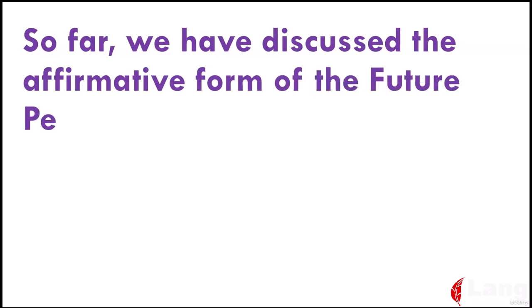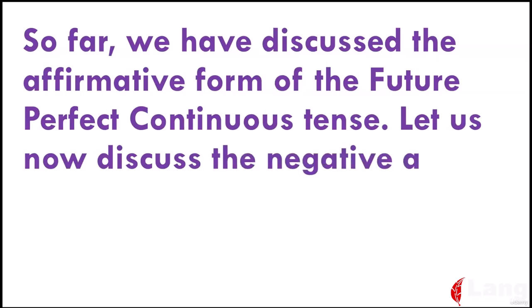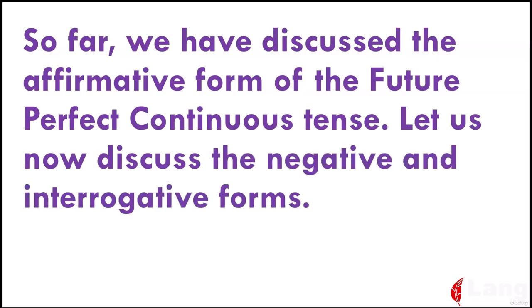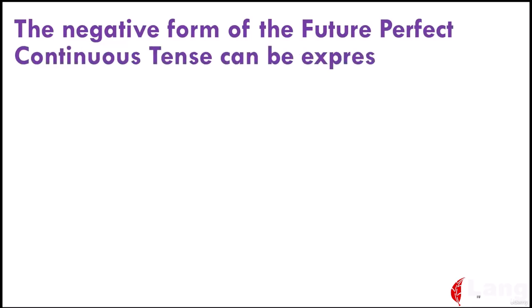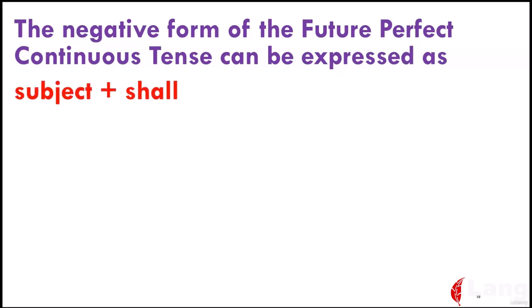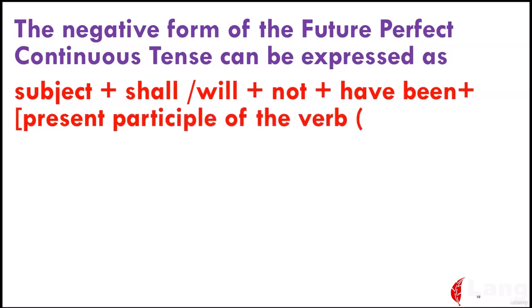So far, we have discussed the affirmative form of the future perfect continuous tense. Let us now discuss the negative and interrogative forms. The negative form of the future perfect continuous tense can be expressed as subject plus shall or will plus not plus have been plus present participle of the verb.